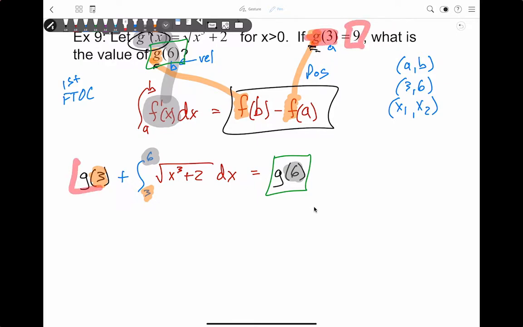So this right here is the same as 9. Now I have to evaluate this integral, and it's the square root of x cubed plus 2, with respect to x, is equal to the answer that we're looking for, which is g of 6.